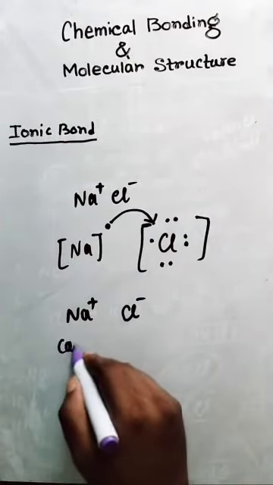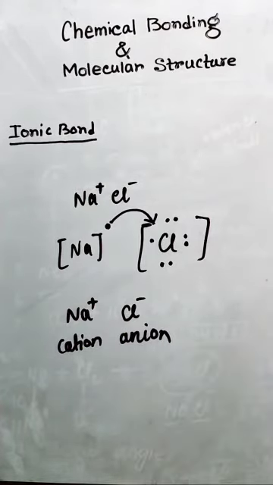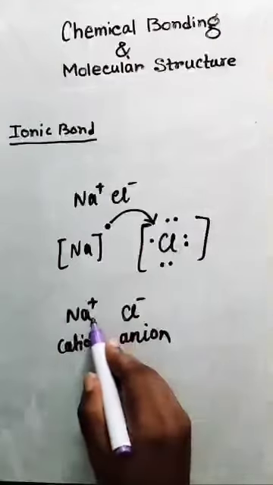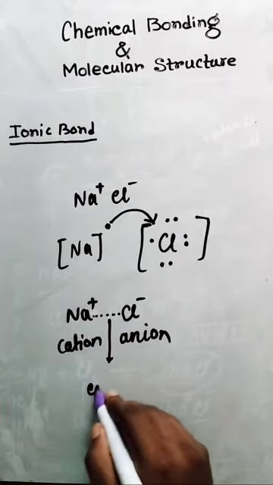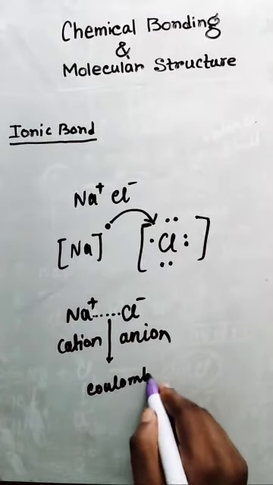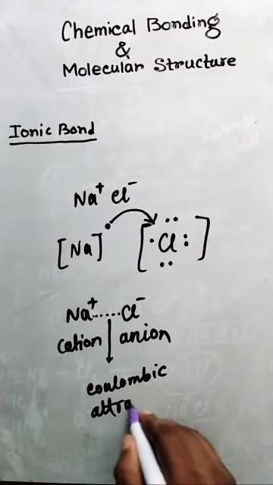So it's a cation and it's an anion. So in between this cation and anion, there is a Coulombic attraction force.